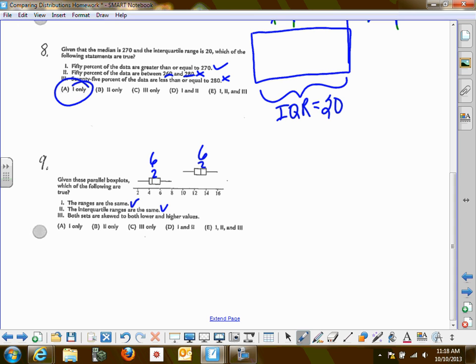Both sets are skewed to both the lower and the higher values. I don't even know what that means, because a skew is bent towards one direction. Symmetric is going in both directions. So that's just a bogus statement. So the answer is D. 1 and 2 are true.